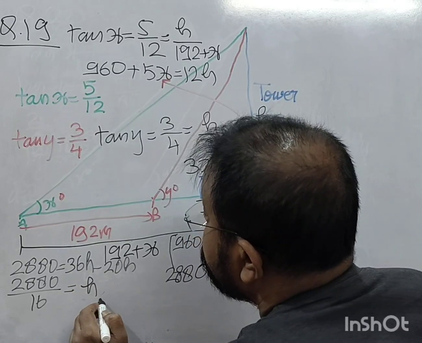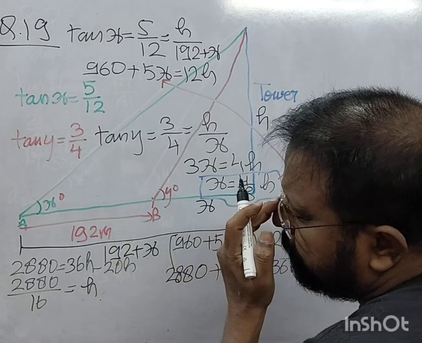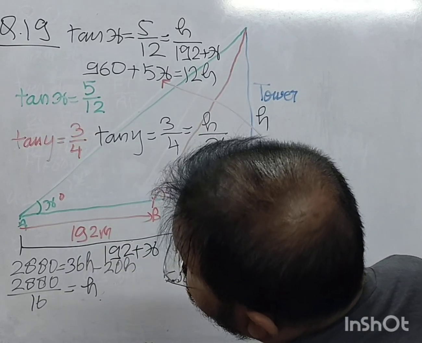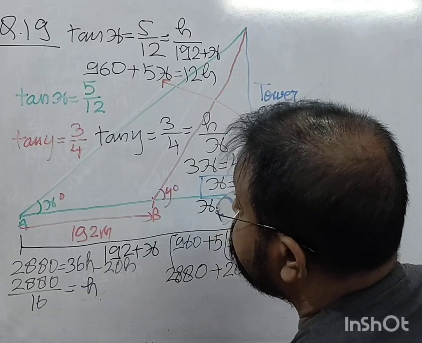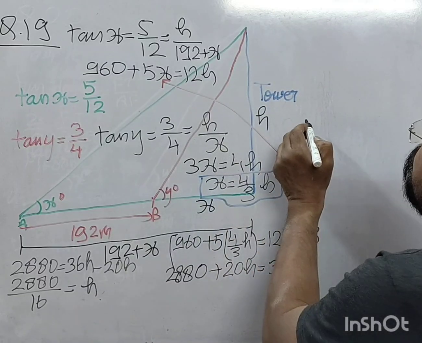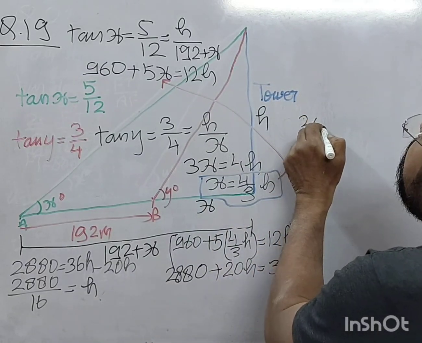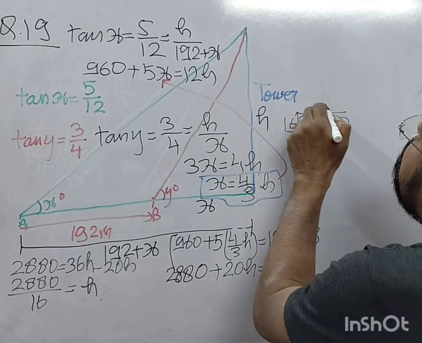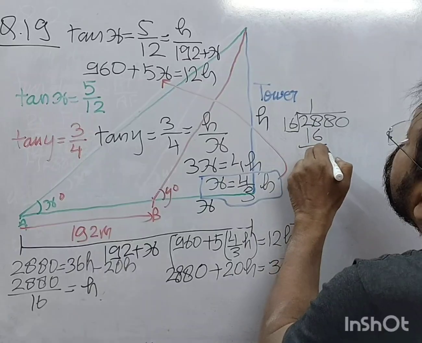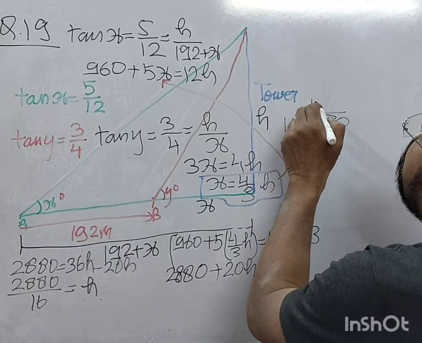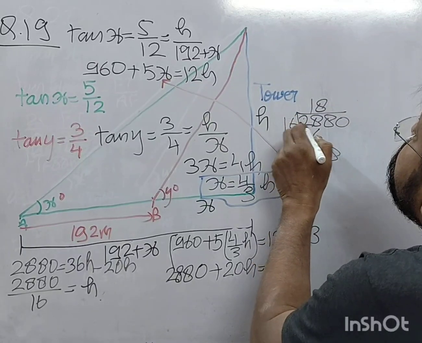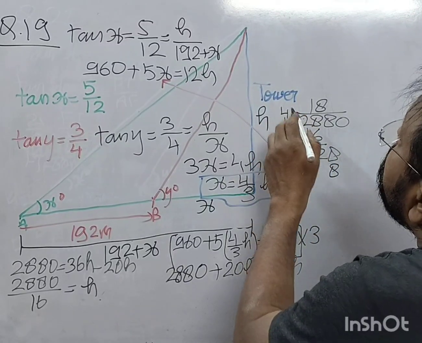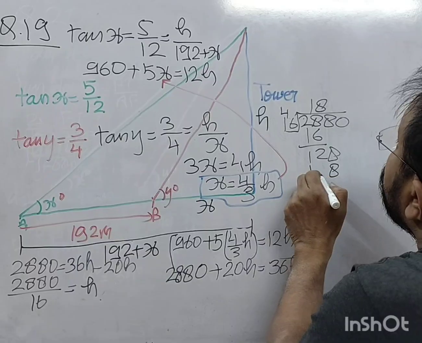So what is h? 2880 divided by 16. 1 times 16 becomes 16. Now 8 times 6 becomes 48. We get 4. 1 time 8 becomes 8 and 4, 12.